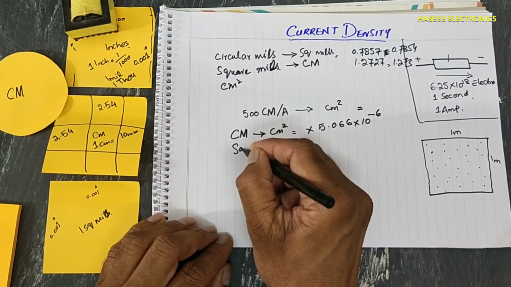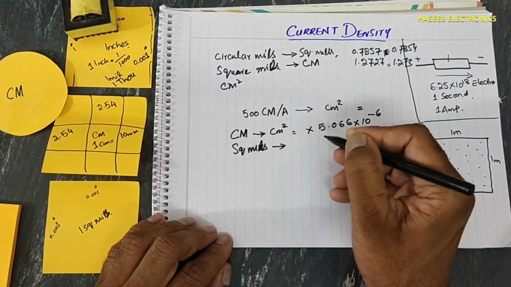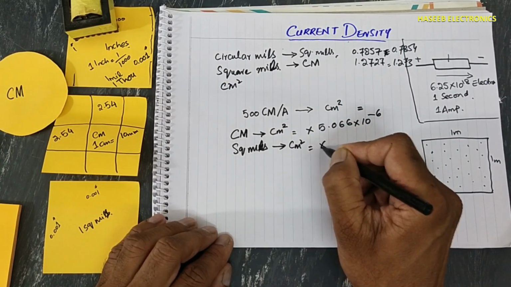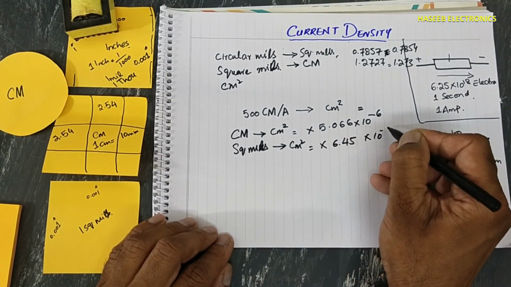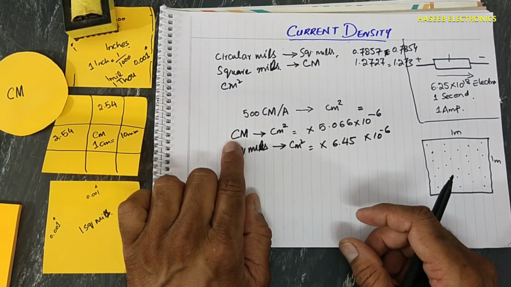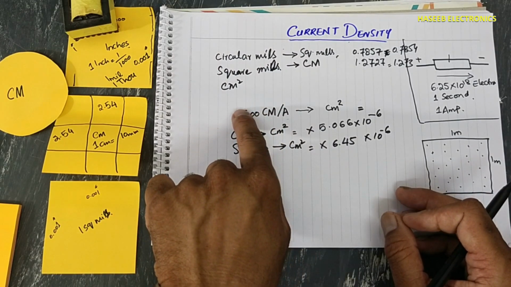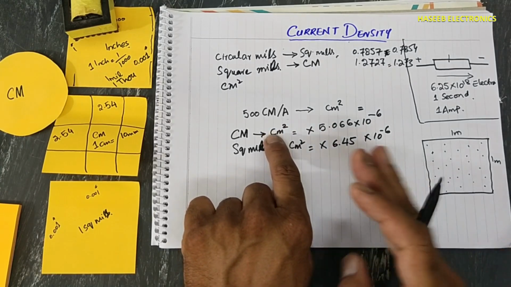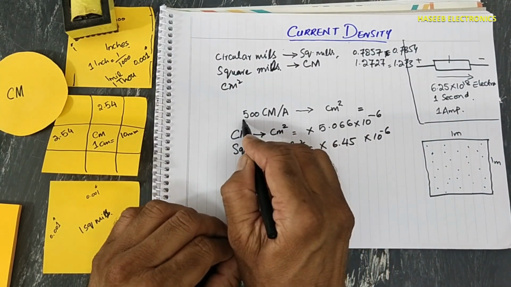Or square mils to centimeter square, we multiply by 6.45 10 raised to power minus 6. If we have any wire area in circular mils, we multiply this number with it to determine the equivalent centimeter area.